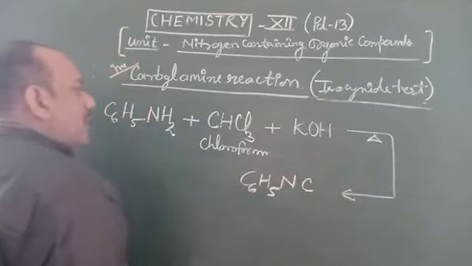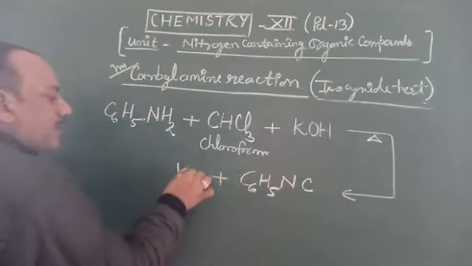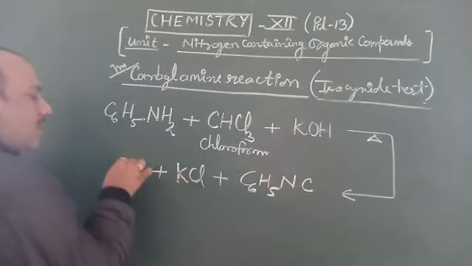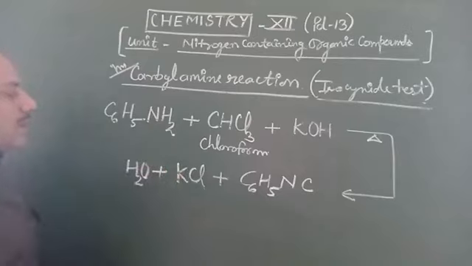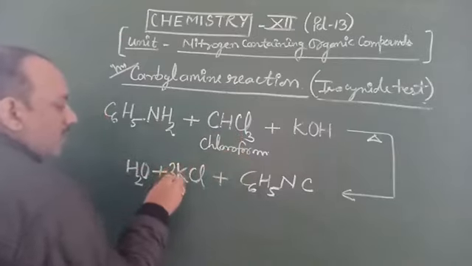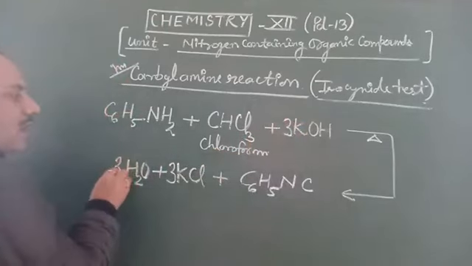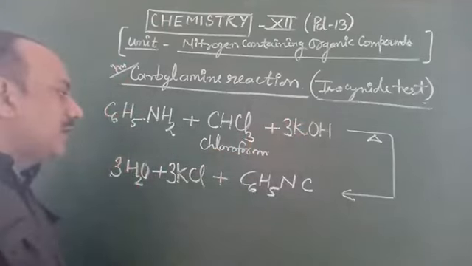This is the main product of this reaction, and it subtracts potassium chloride and water. Here chlorine atoms are 3, so for balancing, 3 for KCl, 3 for KOH, and for water also we take 3.